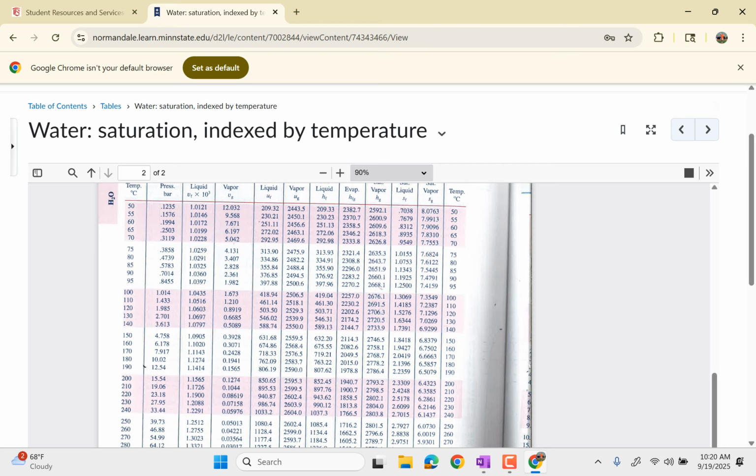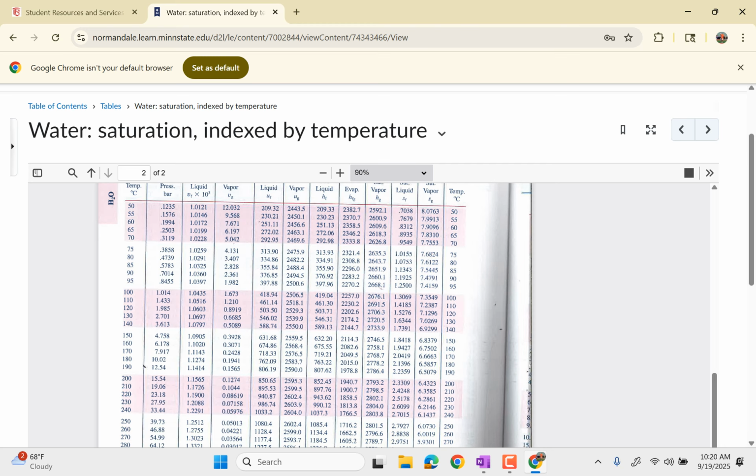It tells you what the pressure is that corresponds to saturated water at 100. It's no surprise that it's 1.01 bar, or 1.01 times 10 to the 5th pascals, standard atmospheric pressure. And there are all these different properties you can look up. Since we're looking at saturated water, just giving that one temperature is enough to be given all these different properties.